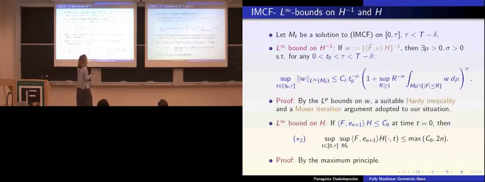So you establish then a global L1 bound on W hat, which in turn gives via a Moser iteration argument a local L infinity bound, and therefore a global L infinity bound on W. And W is more or less 1/8. And once you have that, then you are in good shape.